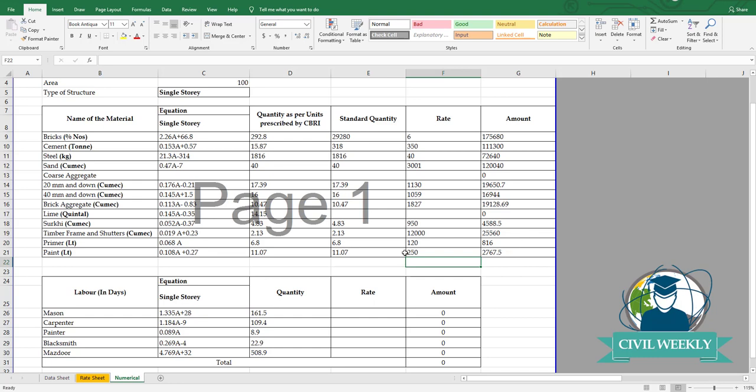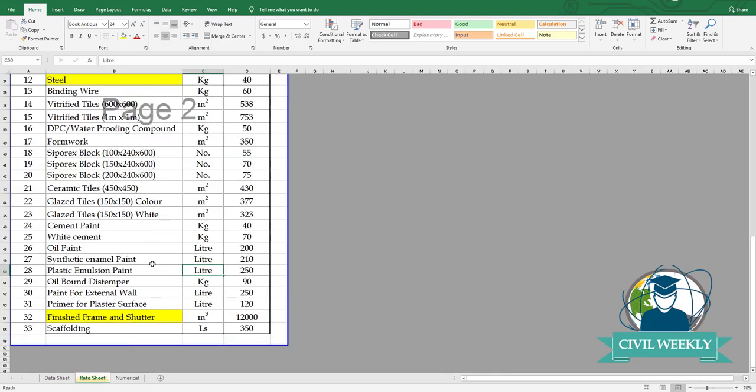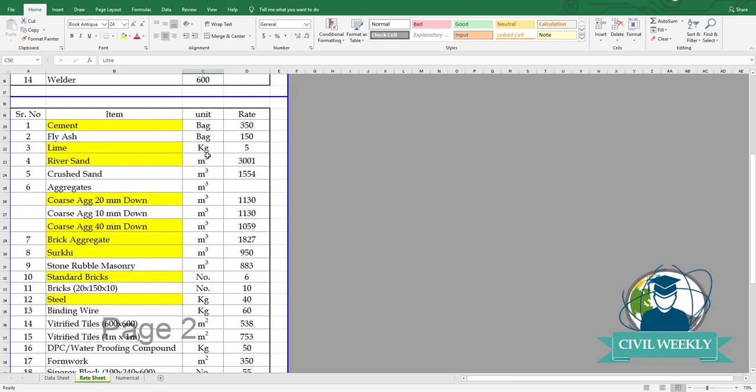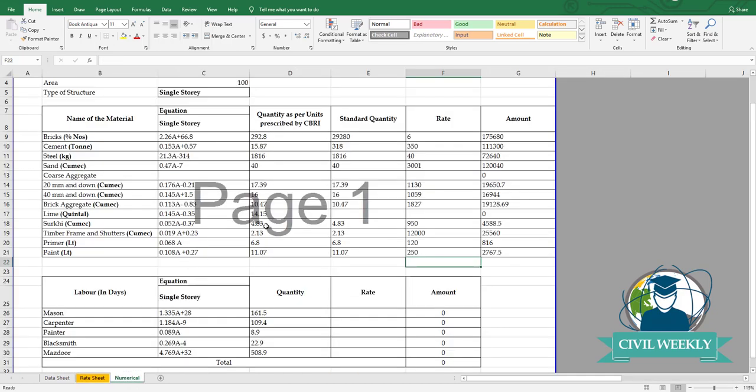The only thing that is remaining is lime. Lime, once we have calculated, it is 14.15 quintal. So this many quintal of lime is required. But if you can see in this particular thing, lime is in terms of kg. So we have to convert this quintal in terms of kgs. How will you convert it?